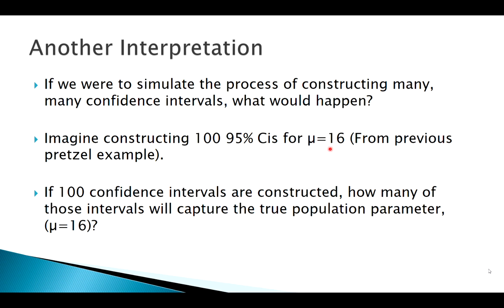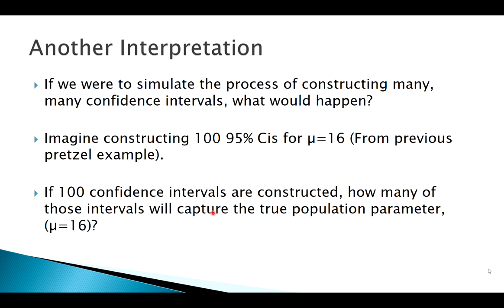We've used that before from a previous example. Under all the exact same conditions, I simulated sampling 100 different samples of the same sample size and created 95% intervals from that.